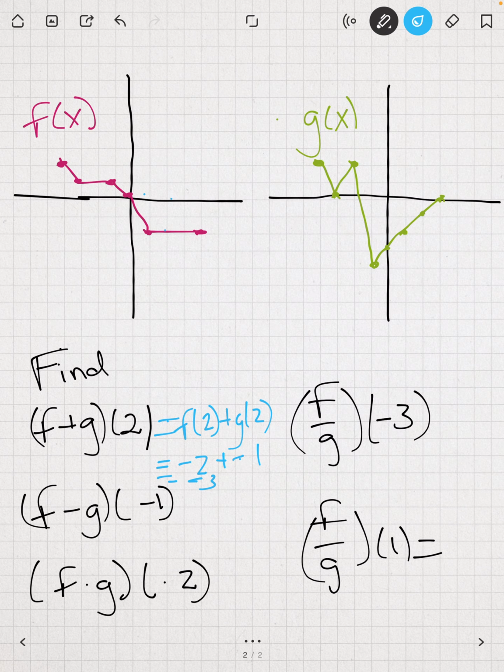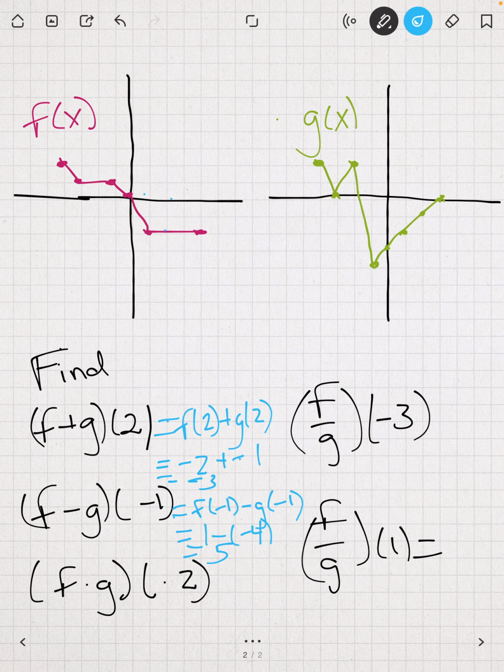F minus g at negative 1 is just f of negative 1 minus g of negative 1. F of negative 1 is 1. G of negative 1 is negative 4. 1 minus negative 4, which is 1 plus 4, or 5.